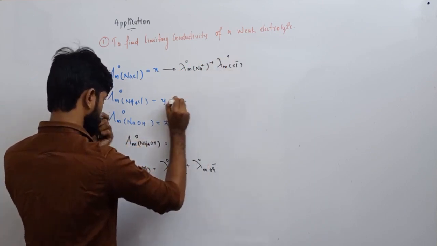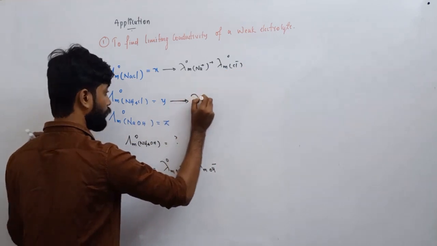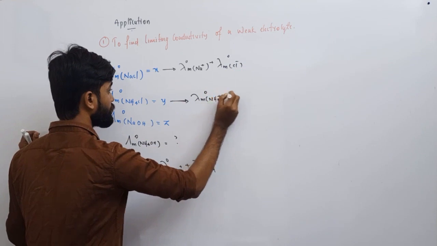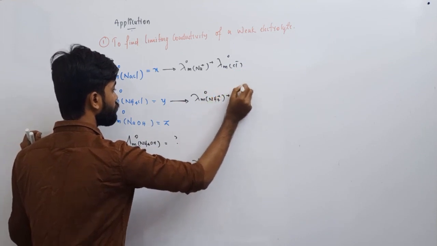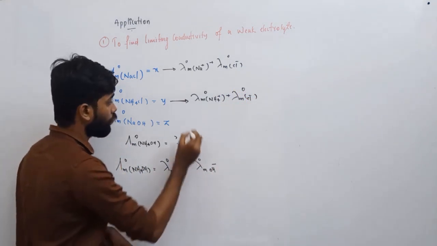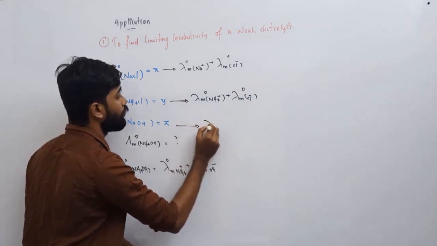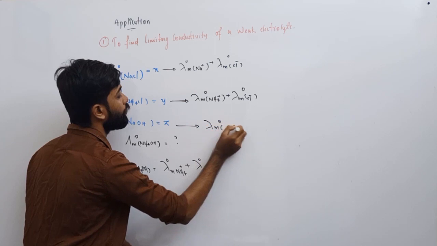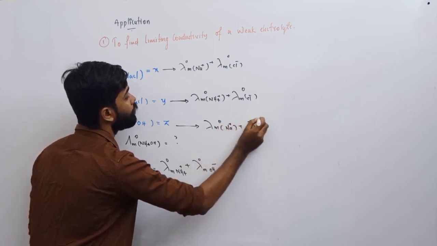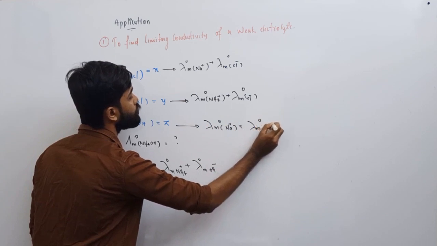And what about NH4Cl? Lambda M0 of NH4 plus plus lambda M0 of Cl minus. What about NaOH? Lambda M0 of Na plus plus lambda M0 of OH minus.